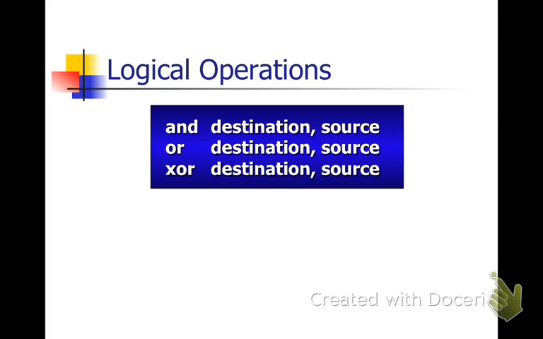In the case of and, or, and XOR, all of these instructions behave in a very similar way. So all the flags are affected for all three of these. All three can accept the same type of operands, use the same number of clock cycles, and require the same number of bytes of object code.